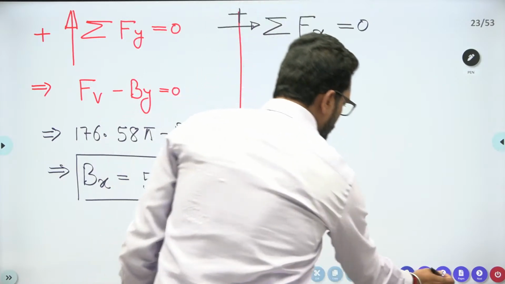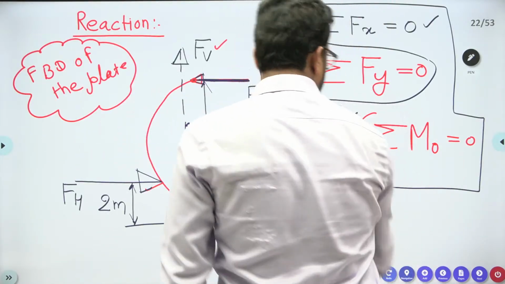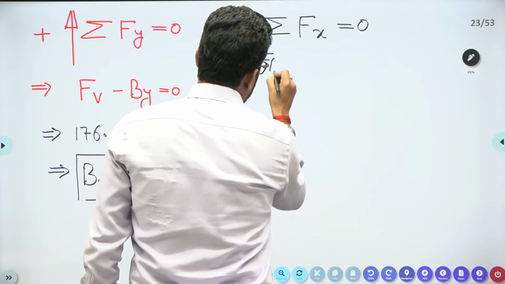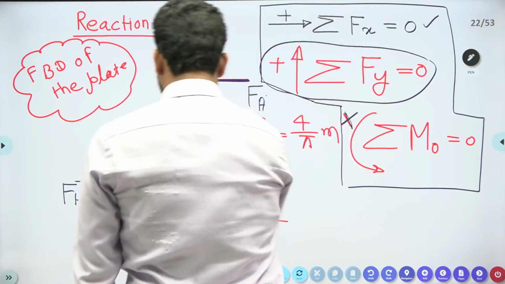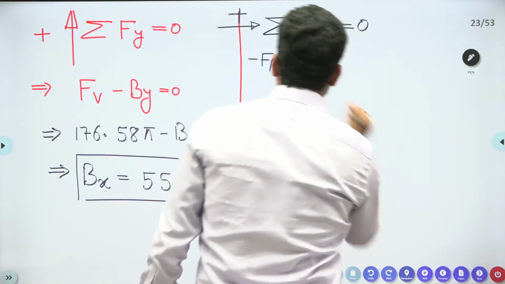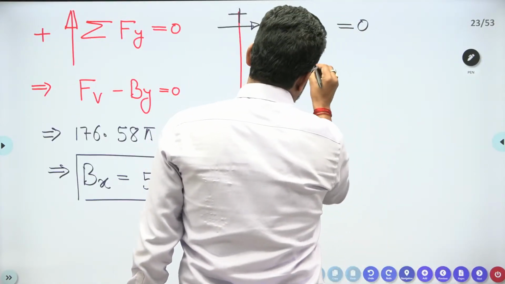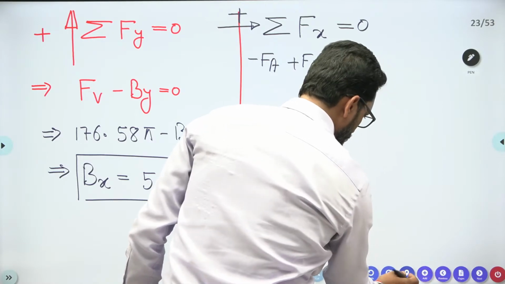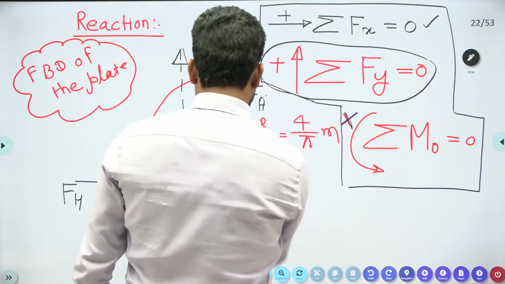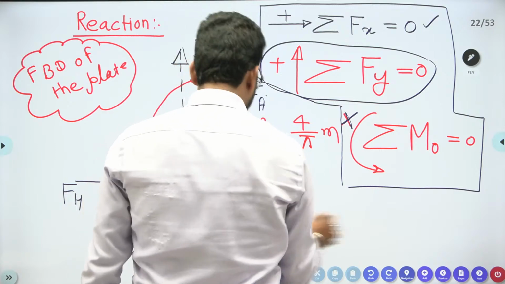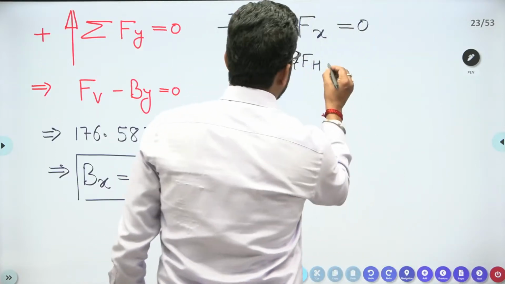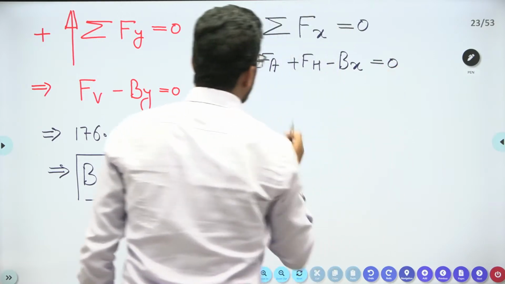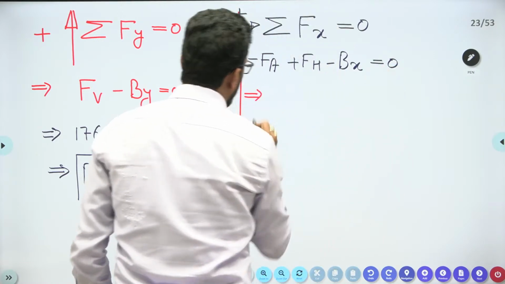So from the figure, FA plus FH plus FH minus Bx is equal to 0. And you have all these values, yes or not?